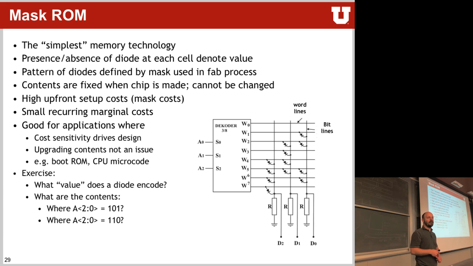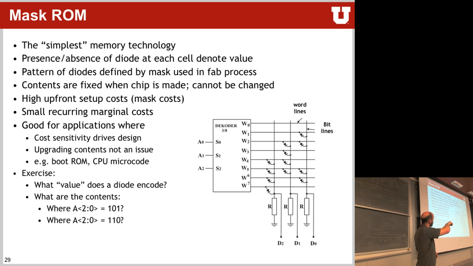Why? It's correct. Just because it's coming off of those lines to the diode to connect. Correct. So the diode basically connects here, right? So if this word line is high, so this connects here, so this will be high, this will be high, this will be high, so we get a 1, 1, 1.